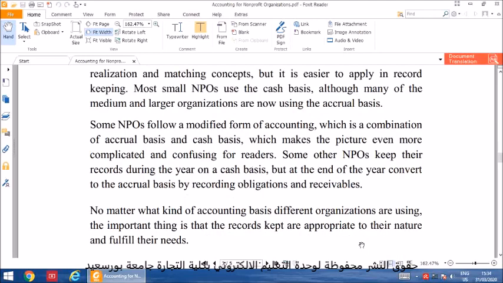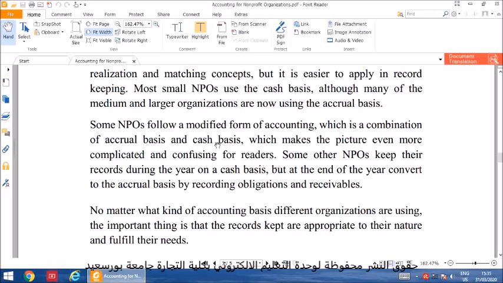Some NPO follow a modified form of accounting, which is a combination of accrual basis and cash basis, which makes the picture even more complicated and confusing for readers.